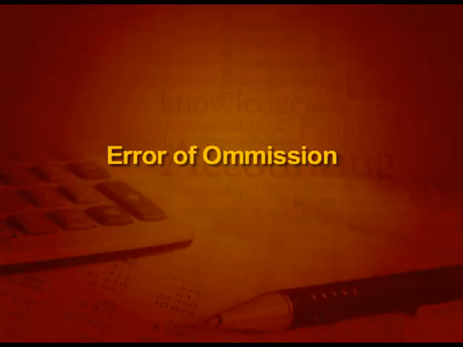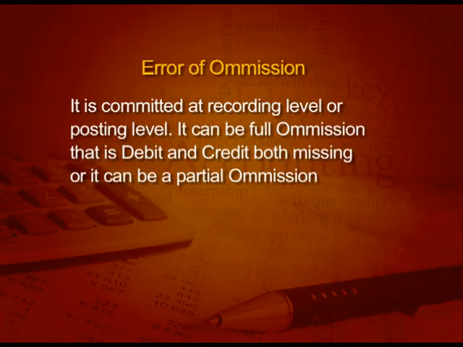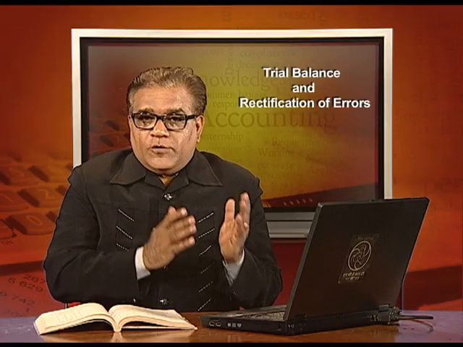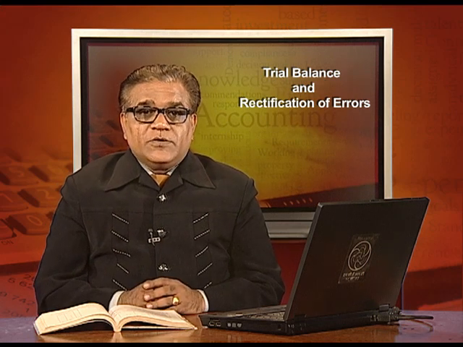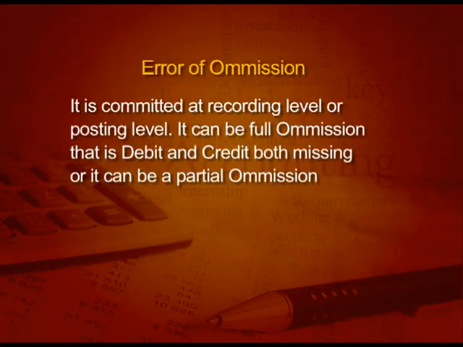Now, coming to the second type of error, error of omission. It is committed at the recording level or posting level. It can be full omission or partial omission. In case of full omission, both the aspects are missing, debit and credit, then the trial will tally.